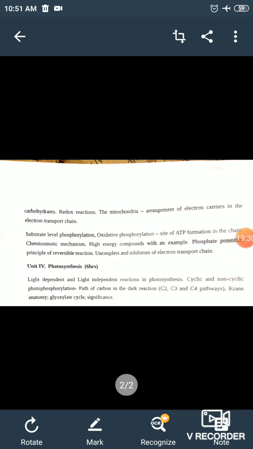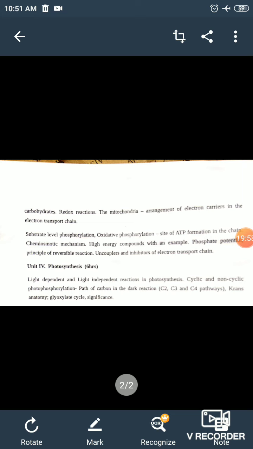The other topic which we have to cover is the high energy compounds. We know some molecules have some residual energy within the molecule itself, and the degree of energy residing in each molecule is variable. Some have very high energy, some have very low energy, and some have intermediate free energy.